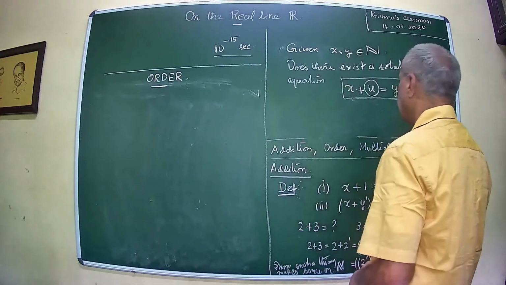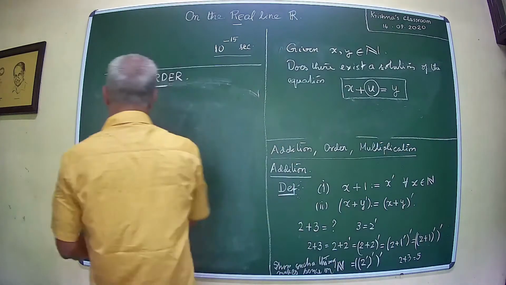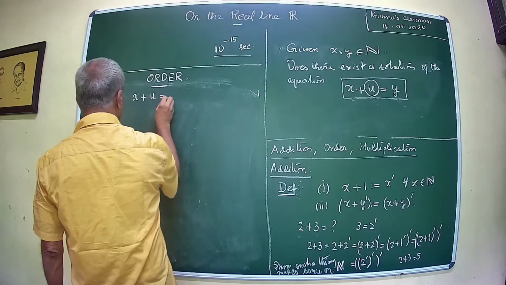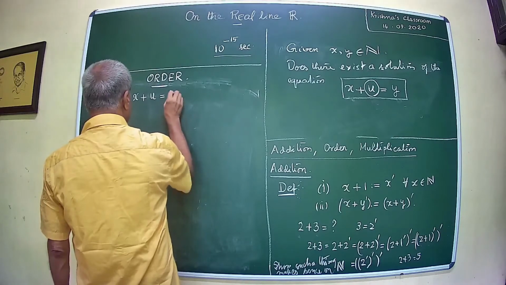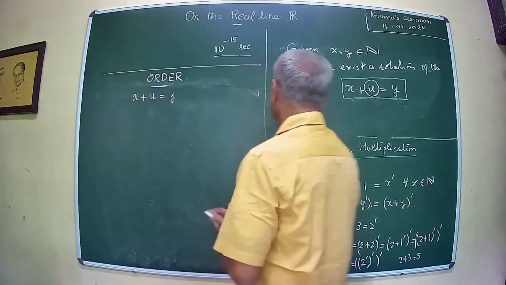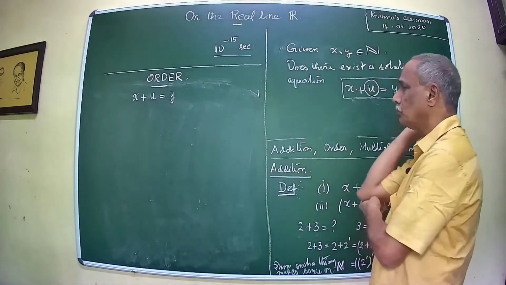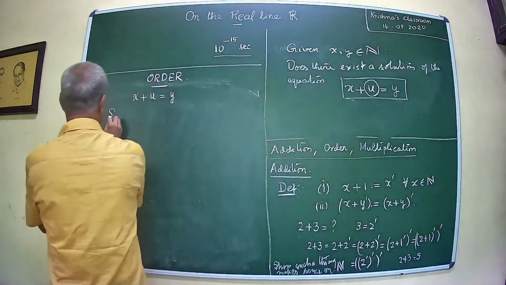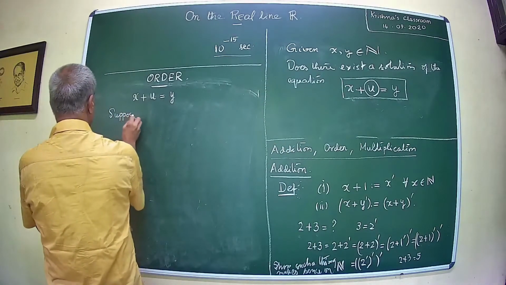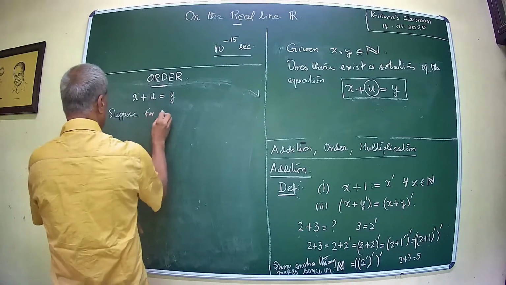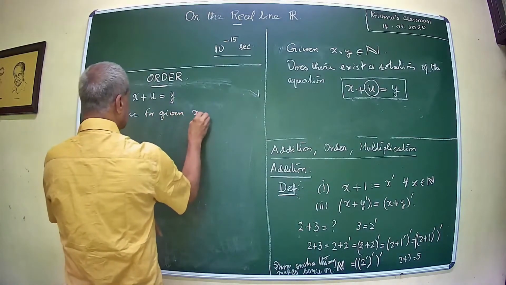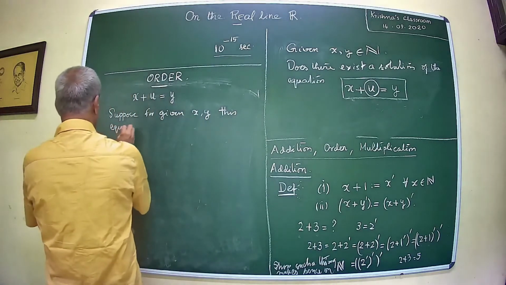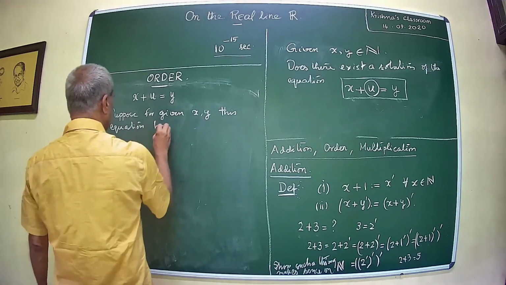What it says is that if you have X and Y, then there may exist a U or may not exist a U. That means this equation may have a solution and may not have a solution. Okay? Suppose for given x, y, this equation has a solution.